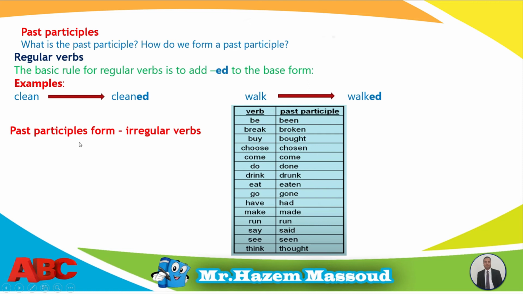And the past participle form for irregular verbs, these are some irregular verbs: verb to be, been; break, broken; buy, bought; choose, chosen; come, come; do, done; drink, drunk; eat, eaten; go, gone, or been also; have, had; make, made; run, run; say, said; see, seen; think, thought.